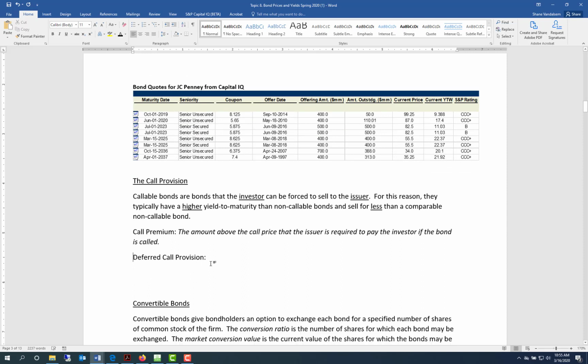The deferred call provision sets out an initial amount of time after the bond is issued that the issuer has to wait to call the bond.